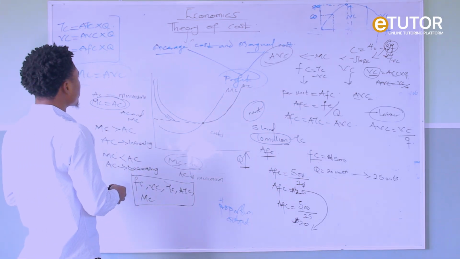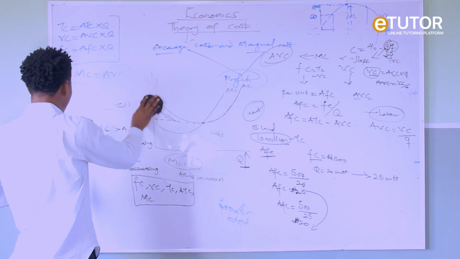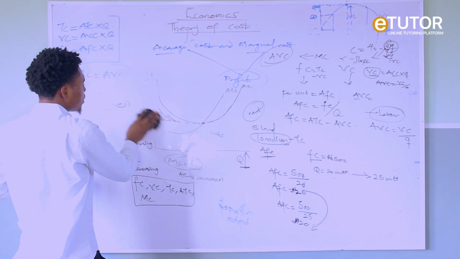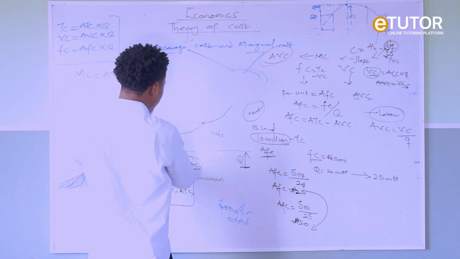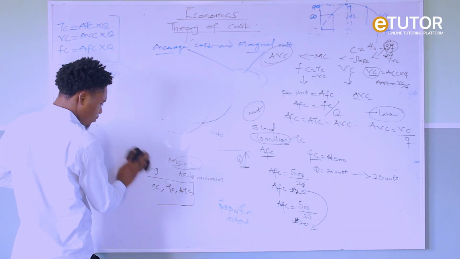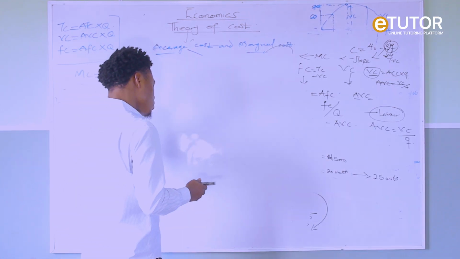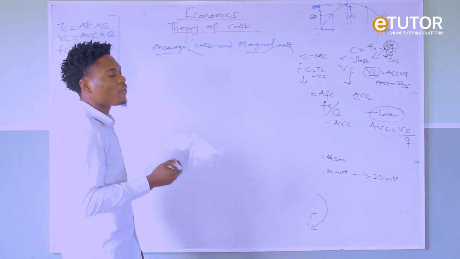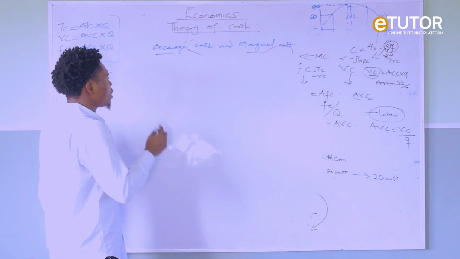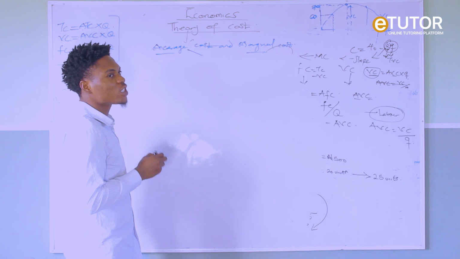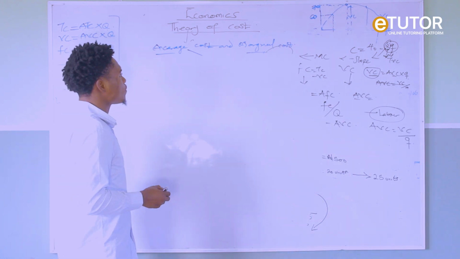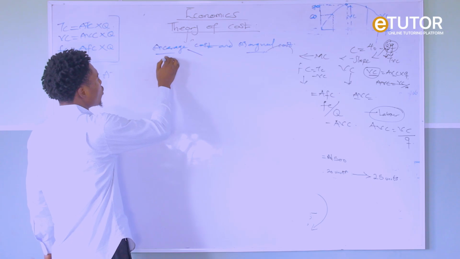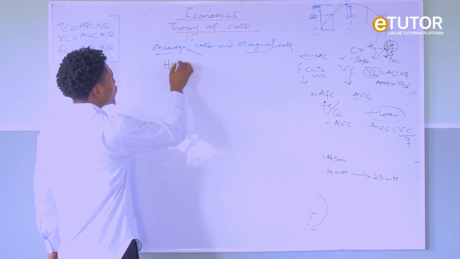So let me quickly show the graph for our average fixed cost and our variable cost. How do we draw our average fixed cost? Your average fixed cost is not in T shape like your fixed cost. The shape of our average fixed cost is hyperbolical.